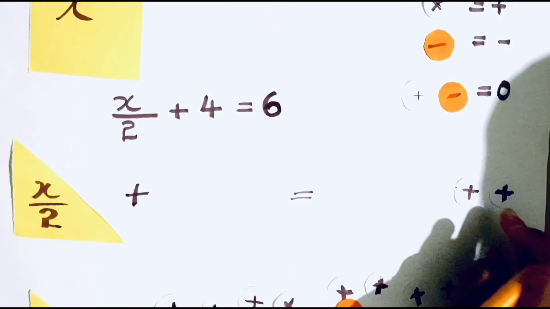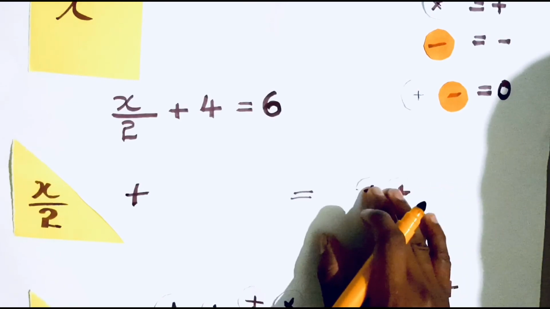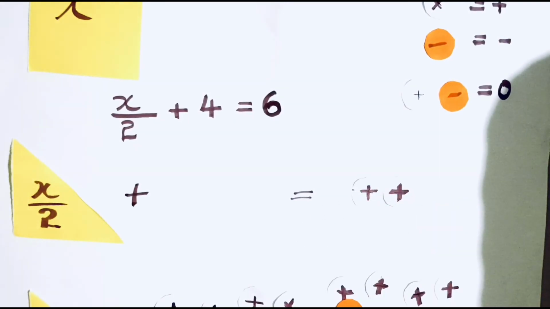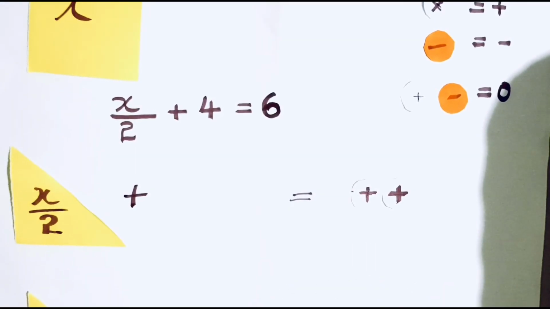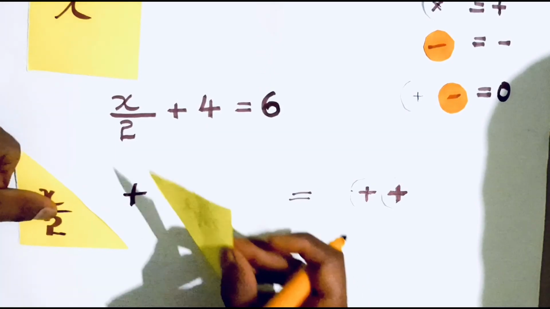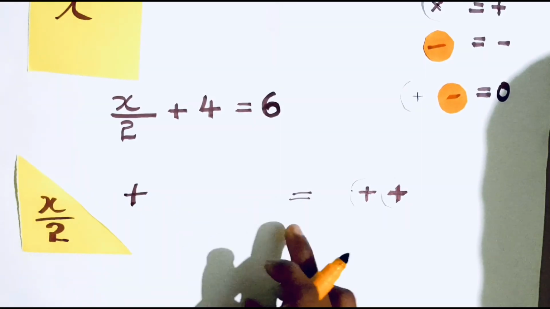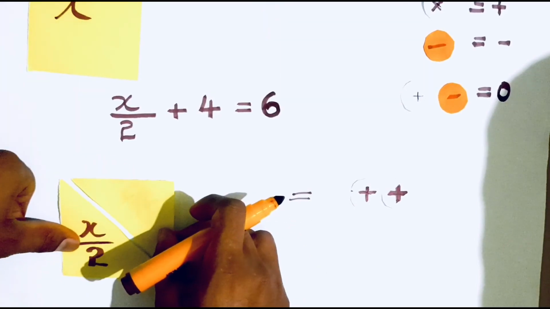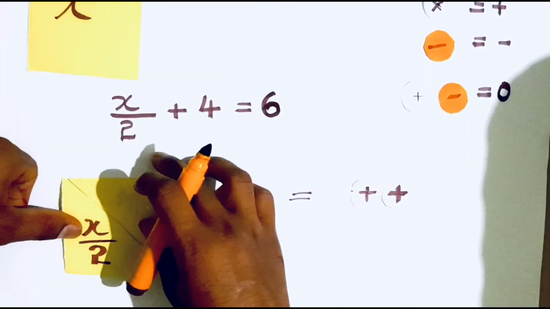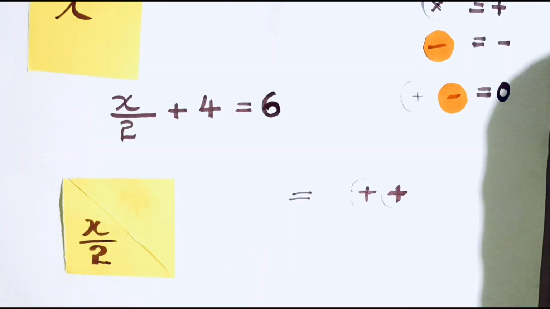So what is left here? 2 counters, right? Now what we have to do is that if x by 2 equal to 2, then we'll add one more x by 2. Okay, one more triangle into it.